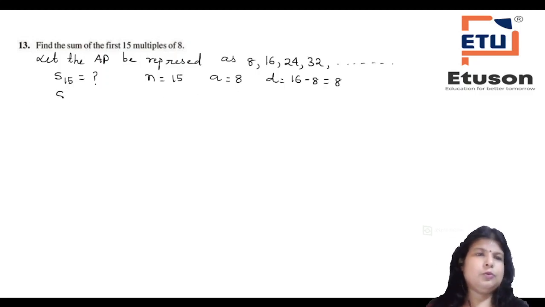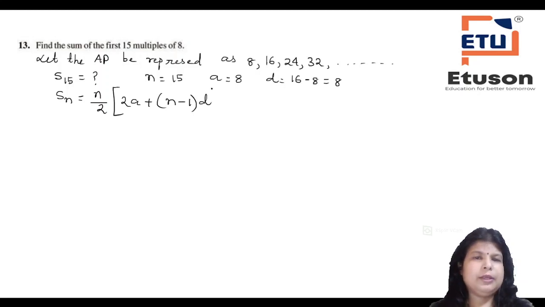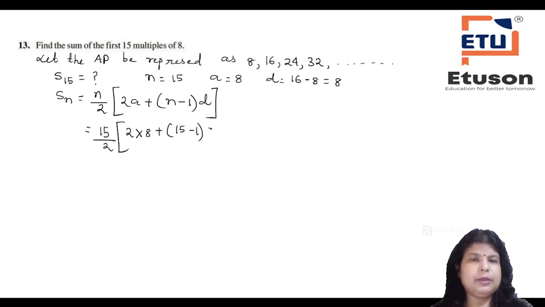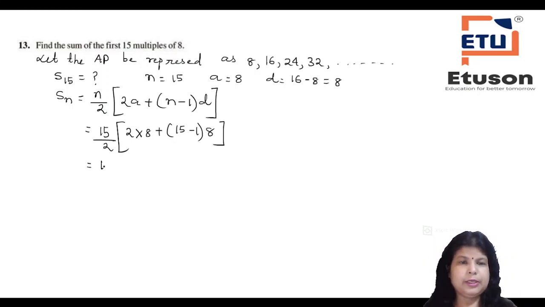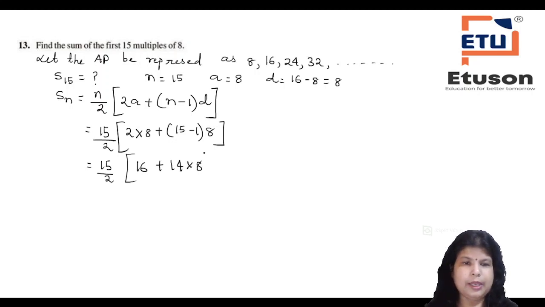Right? So we know the formula Sn, n by 2 within the bracket 2a plus n minus 1 into d. So let us substitute the corresponding values, that is 15 by 2, 2 into 8 plus 15 minus 1 into 8. Correct or not? So what you obtained is 15 divided by 2, 16 plus 14 into 8. Right?